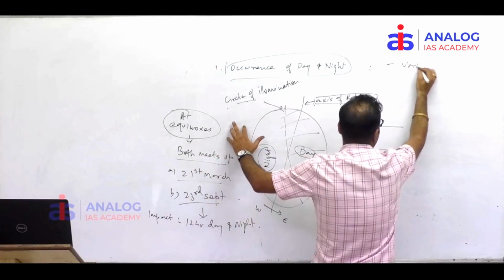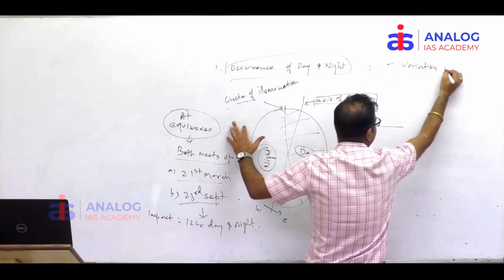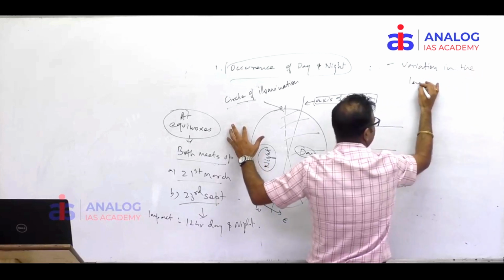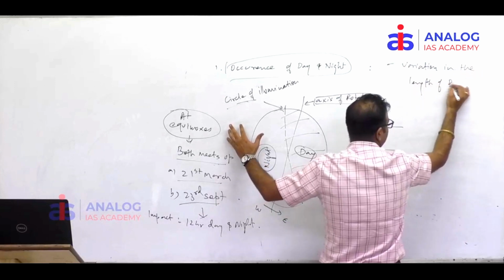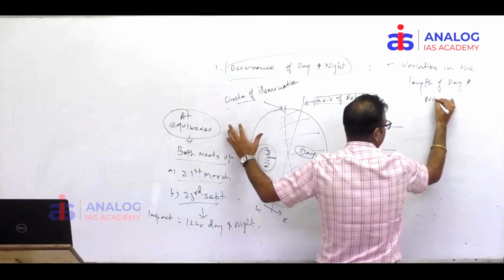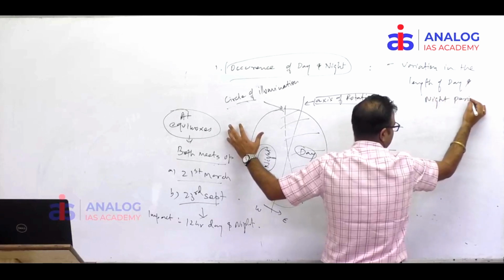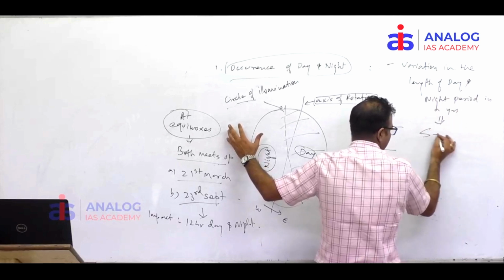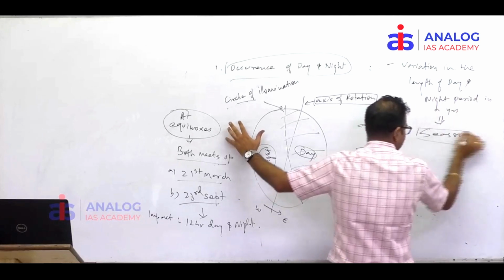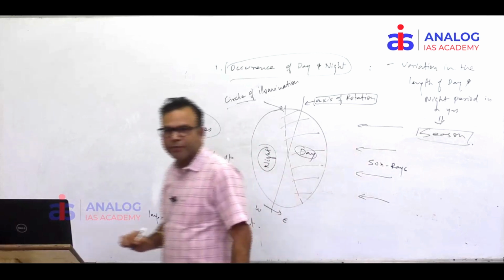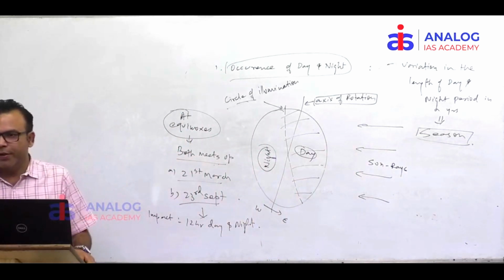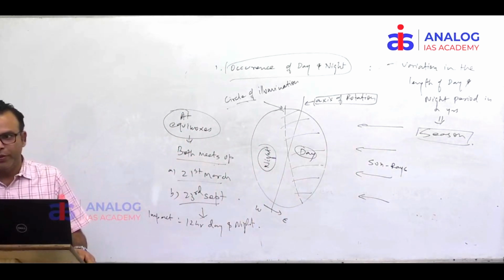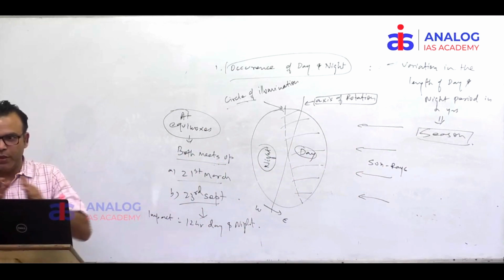Variation in the length of day and night period in a year is nothing but which concept? That is season. In summer the day is longer, in winters the days are shorter and nights are longer.